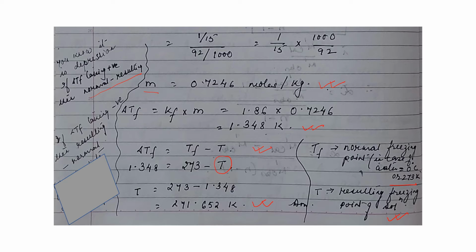And if delta Tf is negative, then delta Tf is equal to resulting value minus normal. Am I clear to you? So the freezing point of the solution, we are getting 271.652 Kelvin.